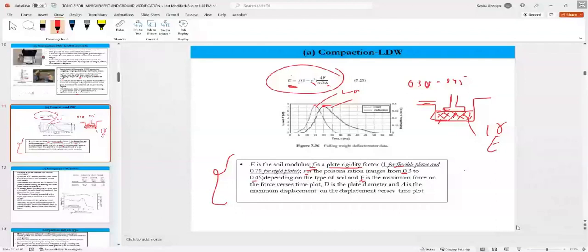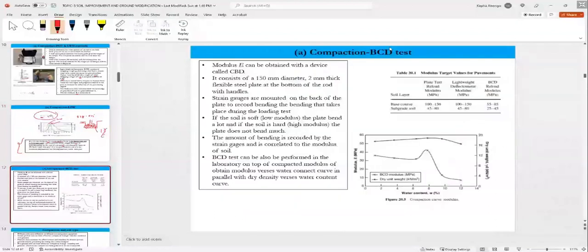Okay. Now, let's continue. Now, the CBD test, we can obtain the modulus of elasticity. So we have a 150 millimeter diameter, 2 millimeter thick, flexible steel plate. Strain gauges are mounted at the back of the plate to record the bending that takes place during the loading.